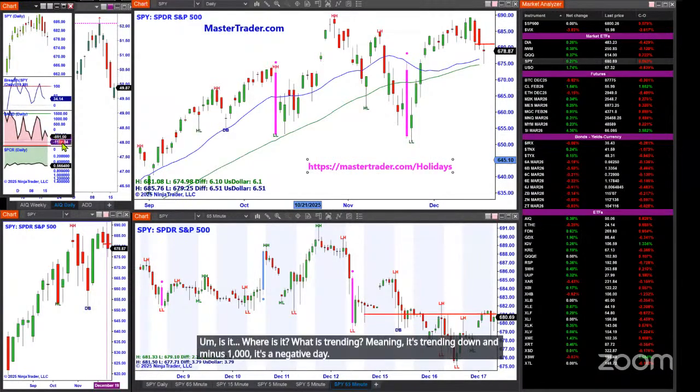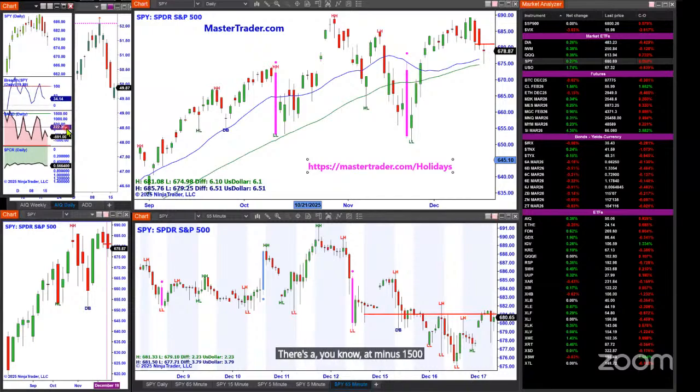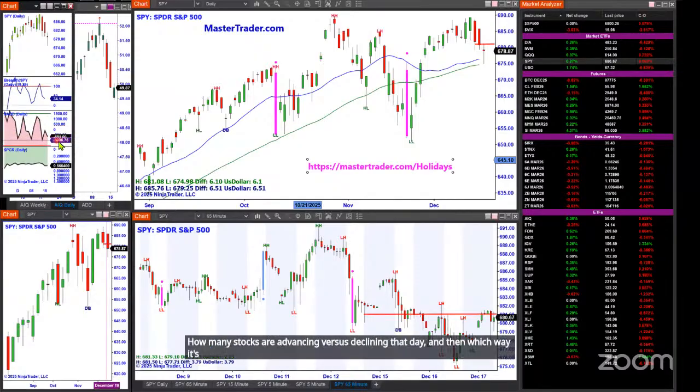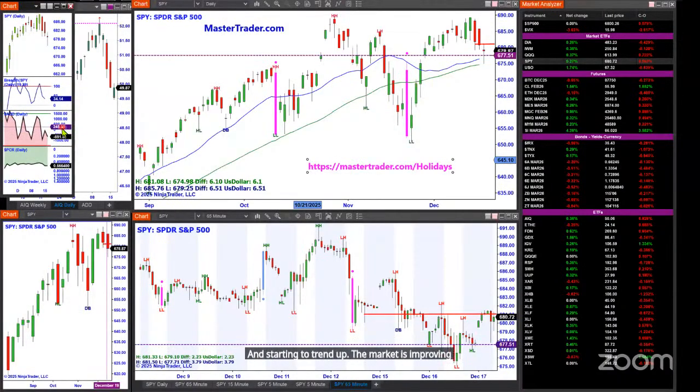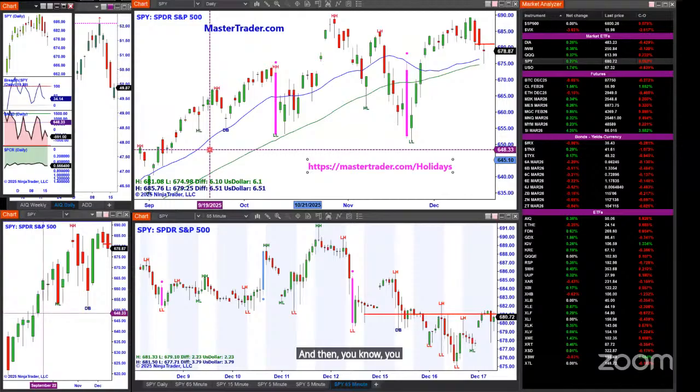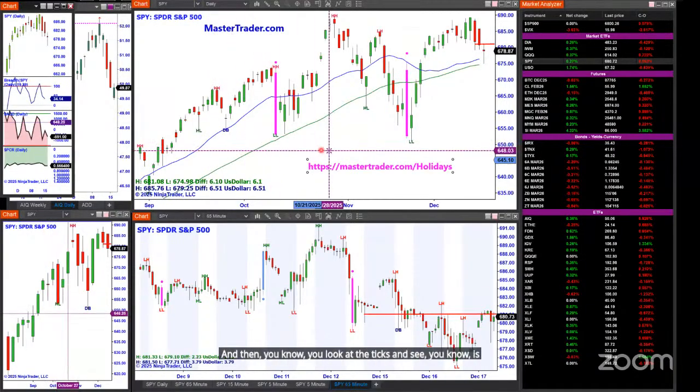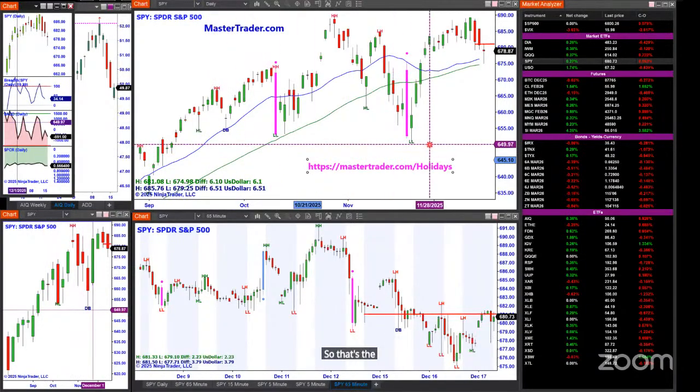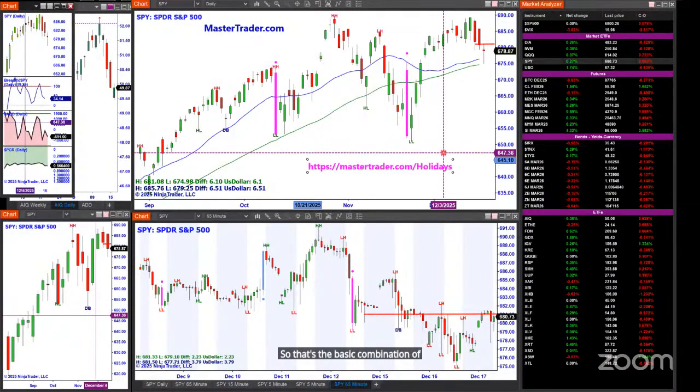Is it at minus 1,500? It's a measurement of how many stocks are advancing versus declining that day, and then which way it's trending. So being at a low number and starting to trend up, the market is improving. And then, you look at the ticks and see, is it at an extreme? And so that's the basic combination of market internals intraday that we utilize.